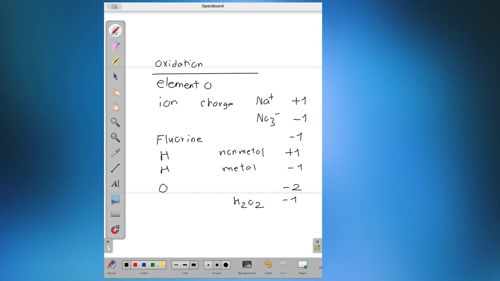The only case where it is +1 is with fluorine, because we just said that fluorine is always -1. So even if the oxygen is with fluorine, the oxygen is going to be +1. Aluminum and group 3 will be +3. Group 1 will be +1, and group 2 will be +2.